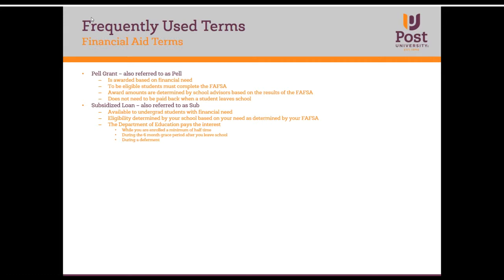We'll get a little bit more into that need in a later slide. With this loan, the Department of Education is going to pay interest for you when you're in school, at any point that you return to school, which would be called a deferment, and also during the 6-month grace period after you've completed classes.